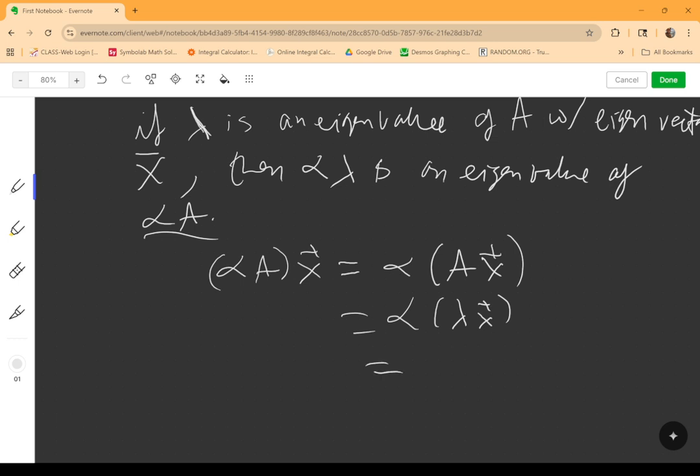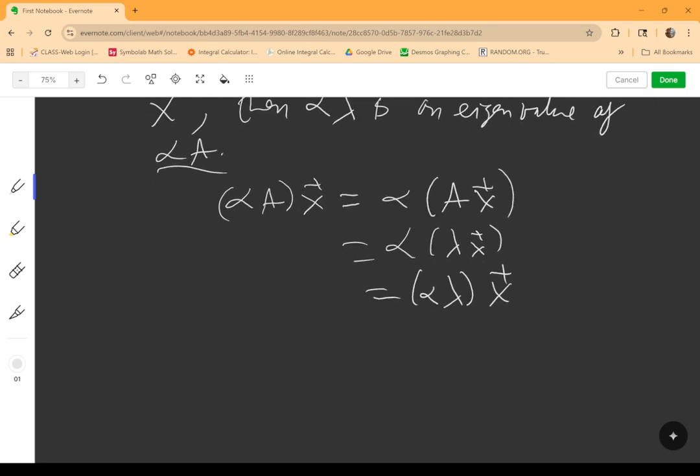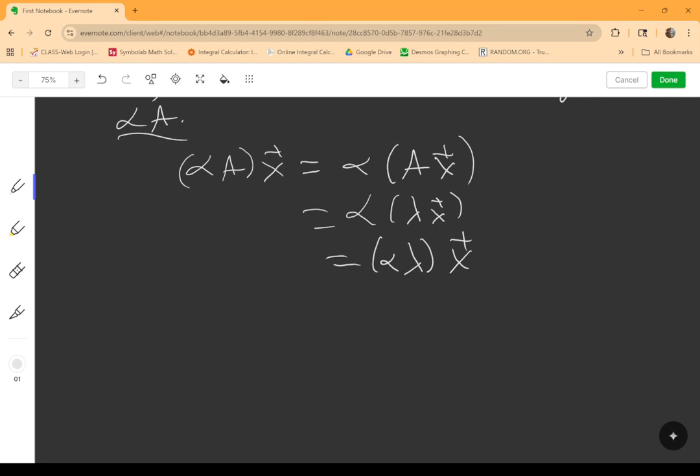Hence, we see that alpha lambda is an eigenvalue of alpha A. Let me say that one more time: alpha lambda is an eigenvalue of alpha A. That's a nice consequence.